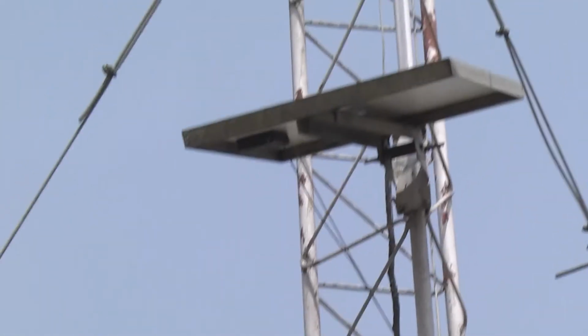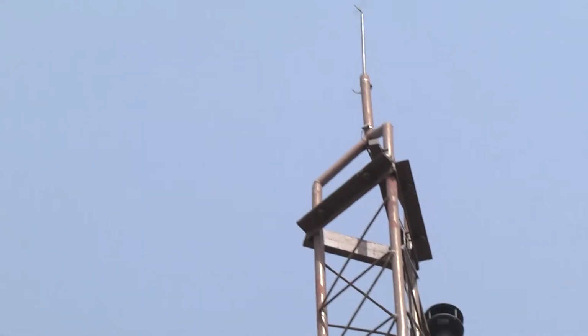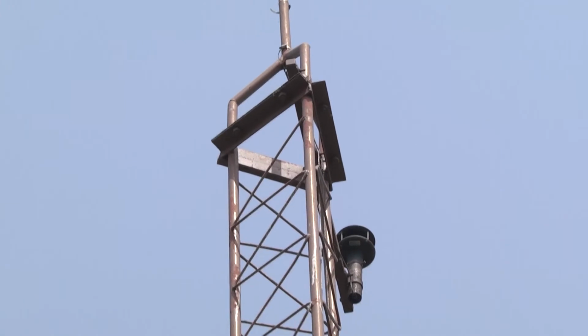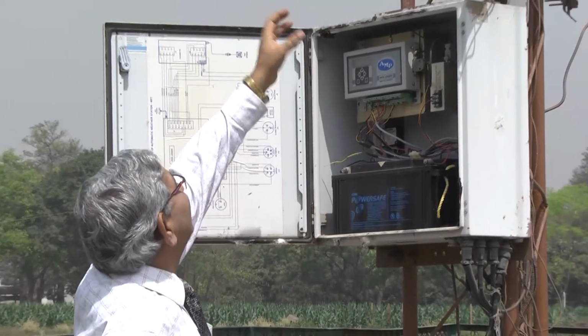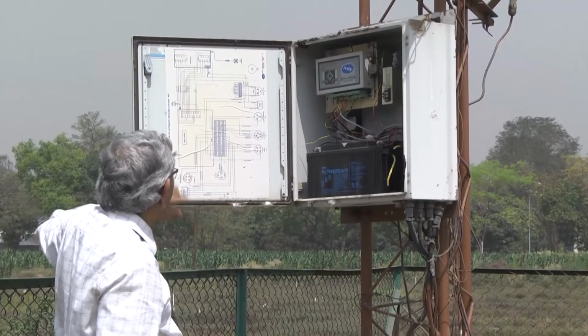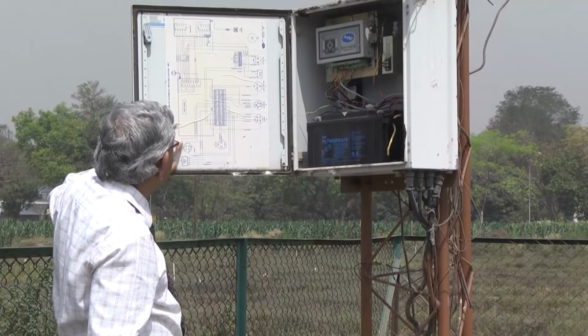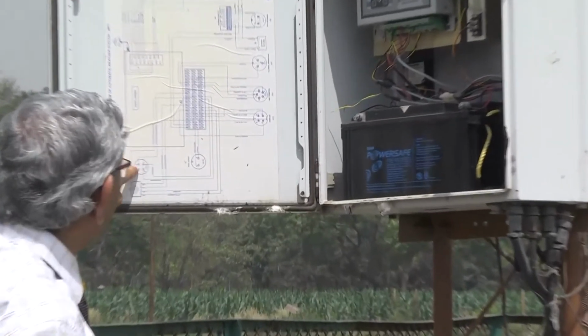On the top we see there is a wind anemometer sensor that records the direction of the wind as well as wind speed. So, here this is a data logger, and this data logger is getting the power by using this battery, and this battery is being charged by the solar panel. Now, the entire thing you are seeing here is the wind speed and wind direction sensor.